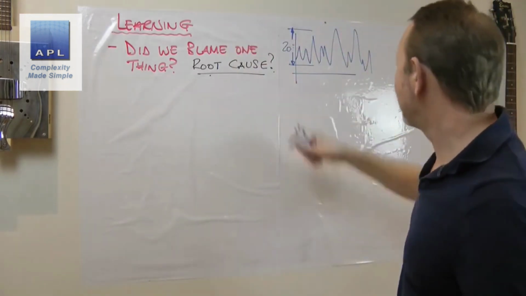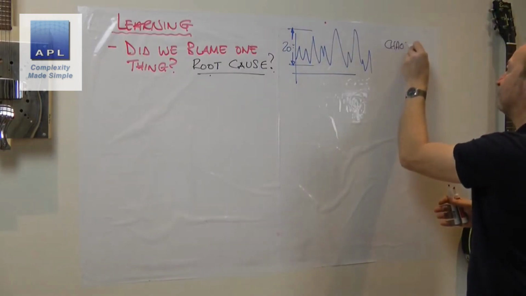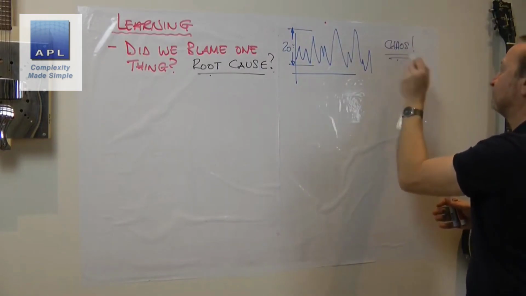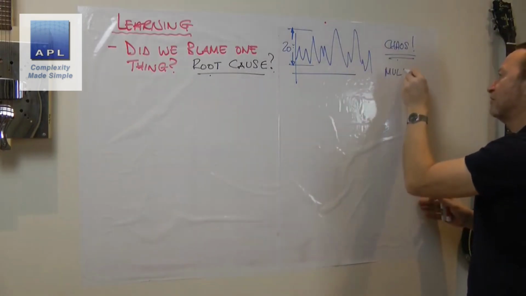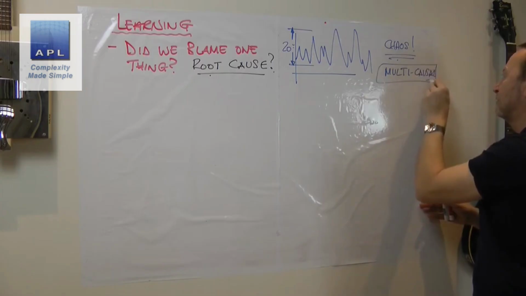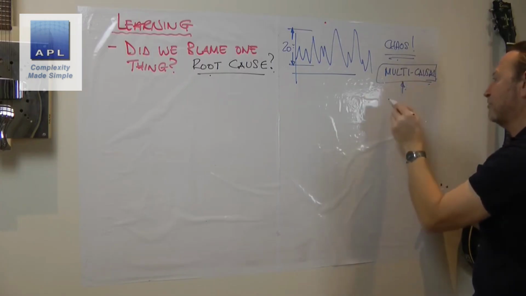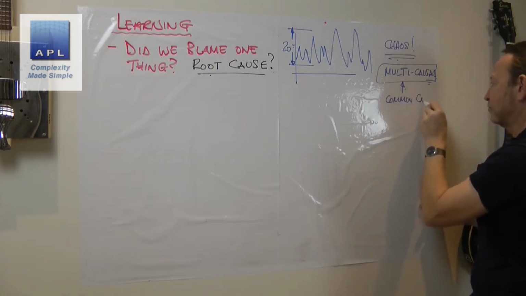So the process is in chaos. And what chaos means is it is multi-causal. In SPC phrase, they would talk about it being common causes.